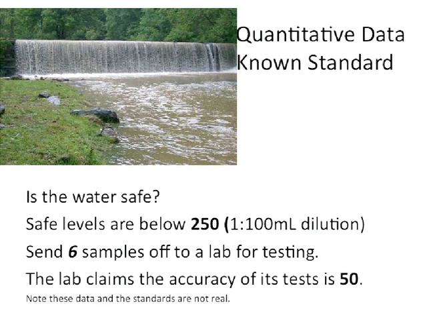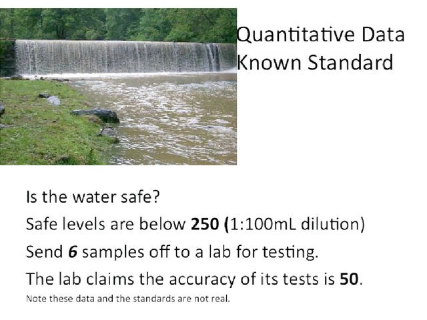So your null hypothesis would be the level of coliform in your water is less than or equal to 250, and the alternative is that there's something going on, and it's bigger than 250.